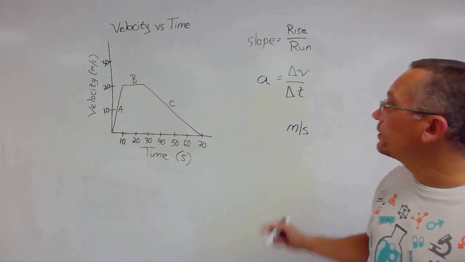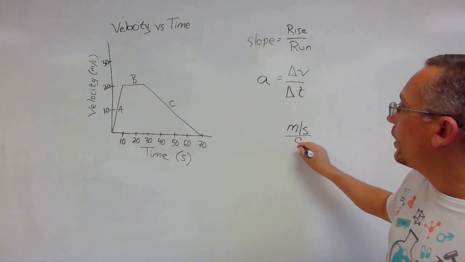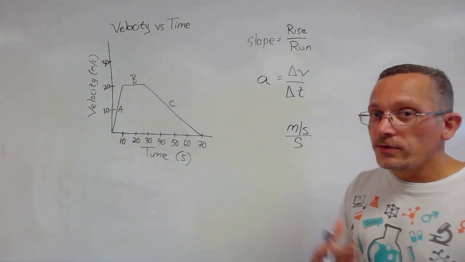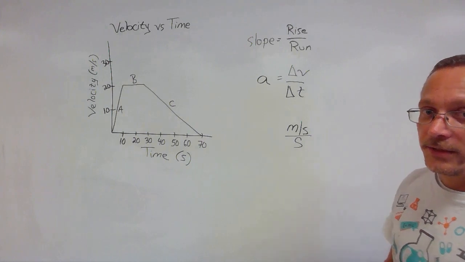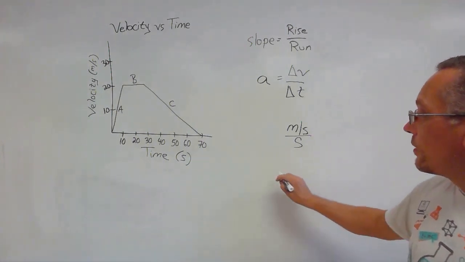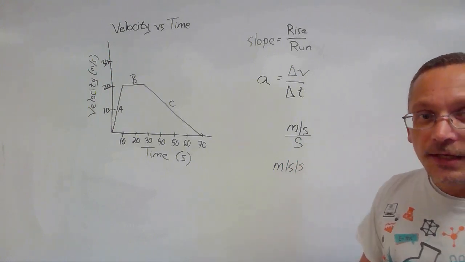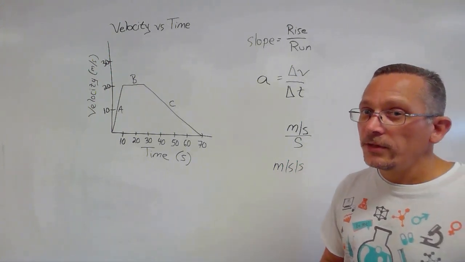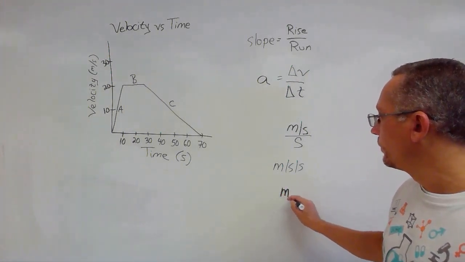It's measured in seconds. So on top, I've got meters per second, and on bottom, I have seconds. So the units for acceleration are meters per second per second. Sometimes we'll write meters per second like this. But most often, we'll write meters per second squared.